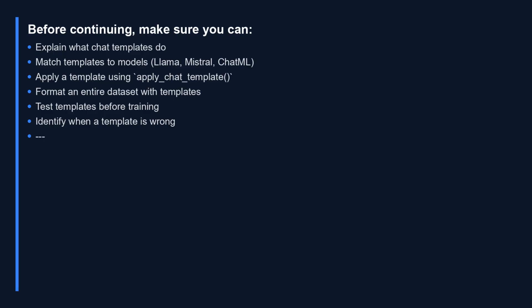How do you call apply_chat_template in code? How do you format an entire dataset with a template? How do you verify a template is working before training starts? And how would you recognize that the wrong template was applied? What would the formatted output look like? If any of those give you pause, revisit the relevant section before continuing.